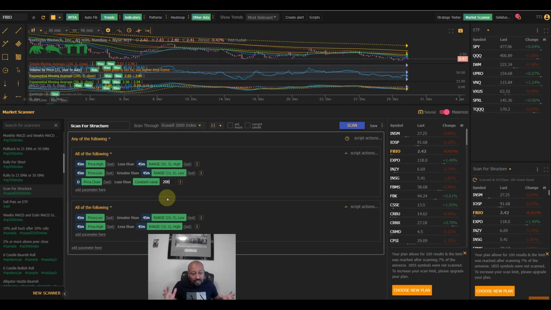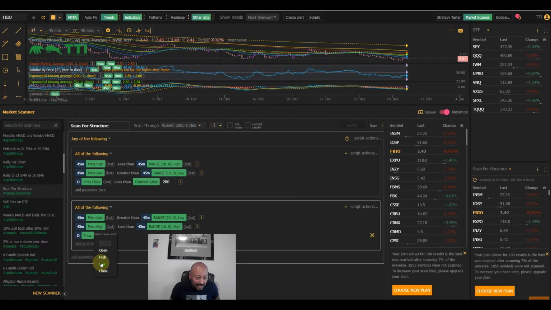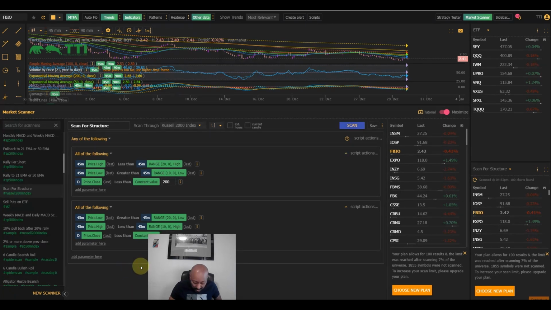Maybe you're trading on a smaller account. So we'll repeat that here: condition, price on the daily close to be less than constant value 200. So maybe that's what we're doing.